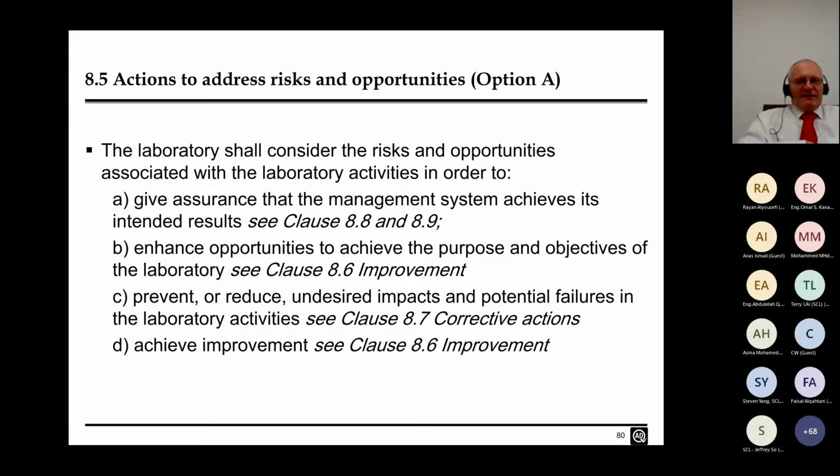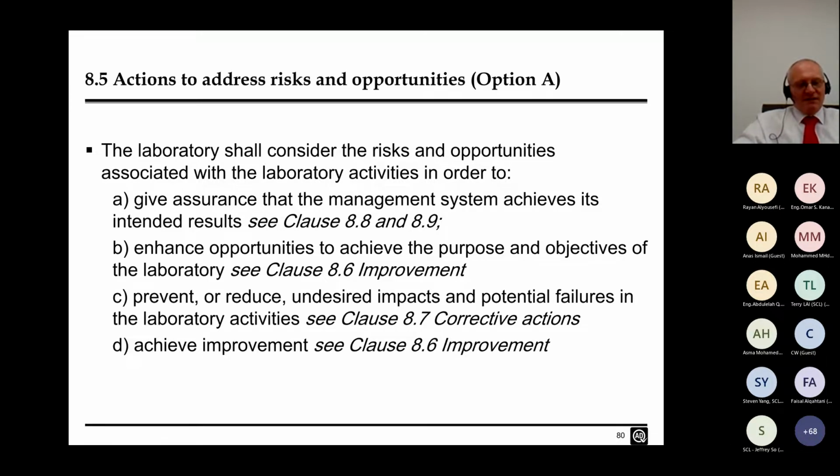You have to think about risks and opportunities. This is part of the modern approach to management systems. So you have to look at the risks and opportunities about the management system to ensure that it achieves its intended results. We have to look at opportunities to achieve the purpose and objectives. We need to prevent or reduce undesired impacts and potential failures in the laboratory activities.